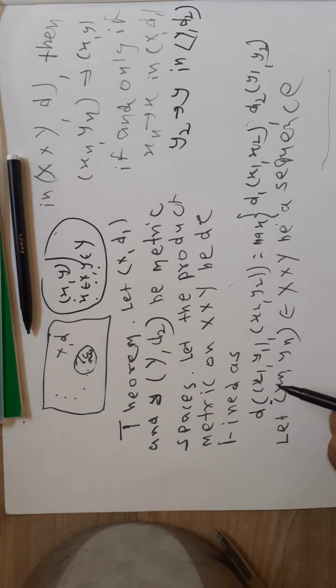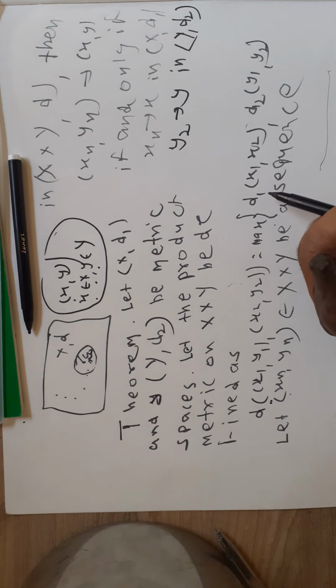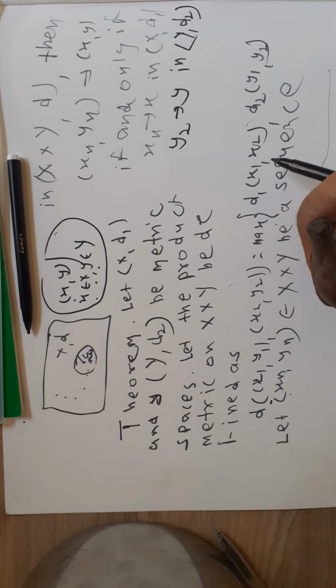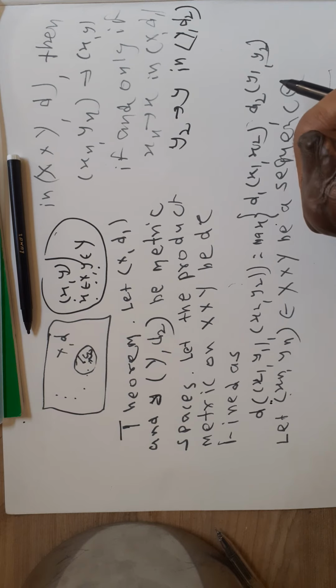See here, x1 belongs to capital X, x2 belongs to capital X, and d1 is a metric on capital X. Therefore d1(x1, x2) is well defined. Similarly, d2(y1, y2) is well defined.